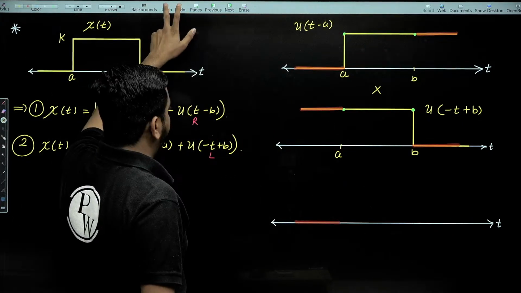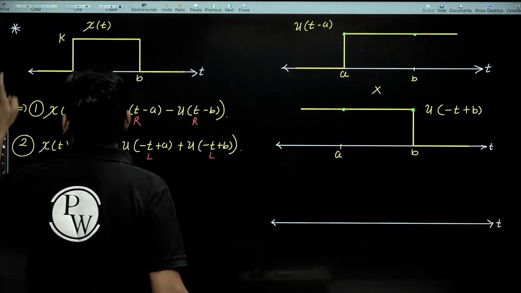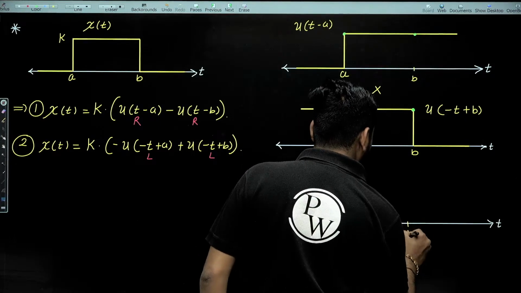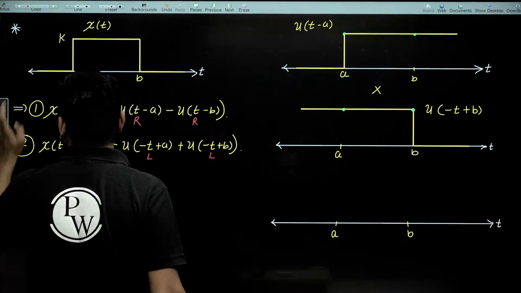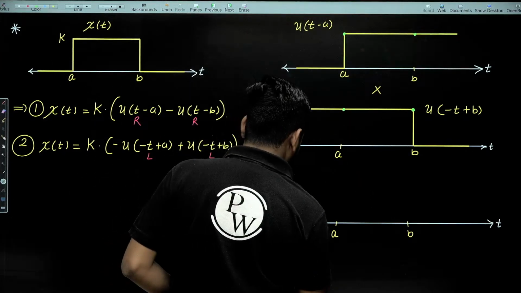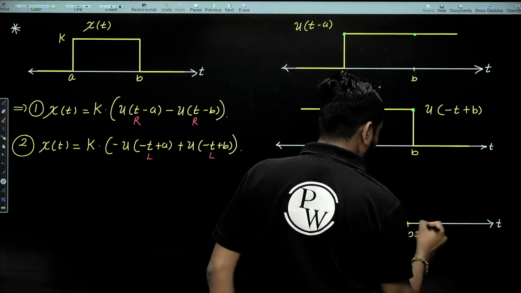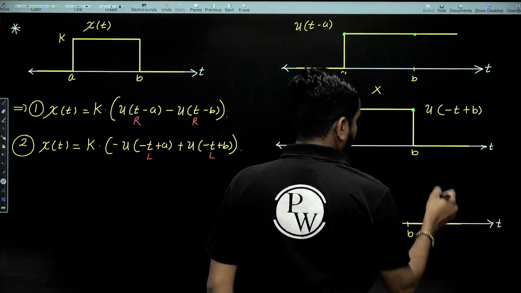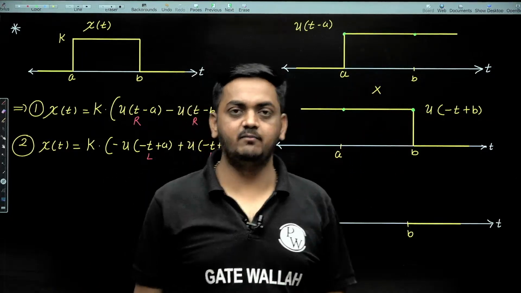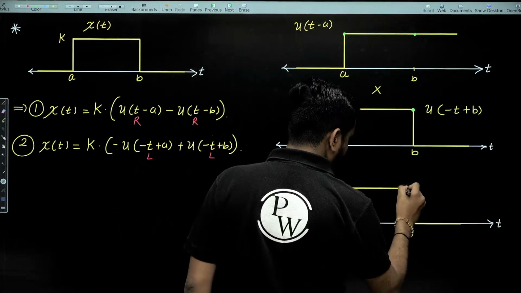Less than a, what is the answer of the multiplication? 0 into 1, so it is 0, guys. Greater than b, 1 into 0, amplitude multiplication is 0. Between a and b, 1 into 1, that is 1, guys, correct?